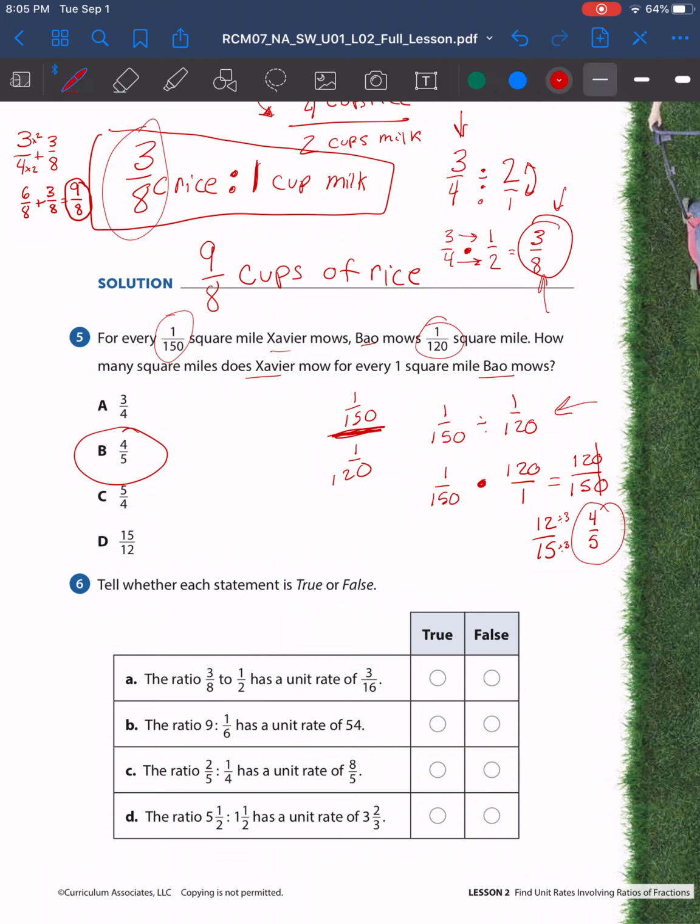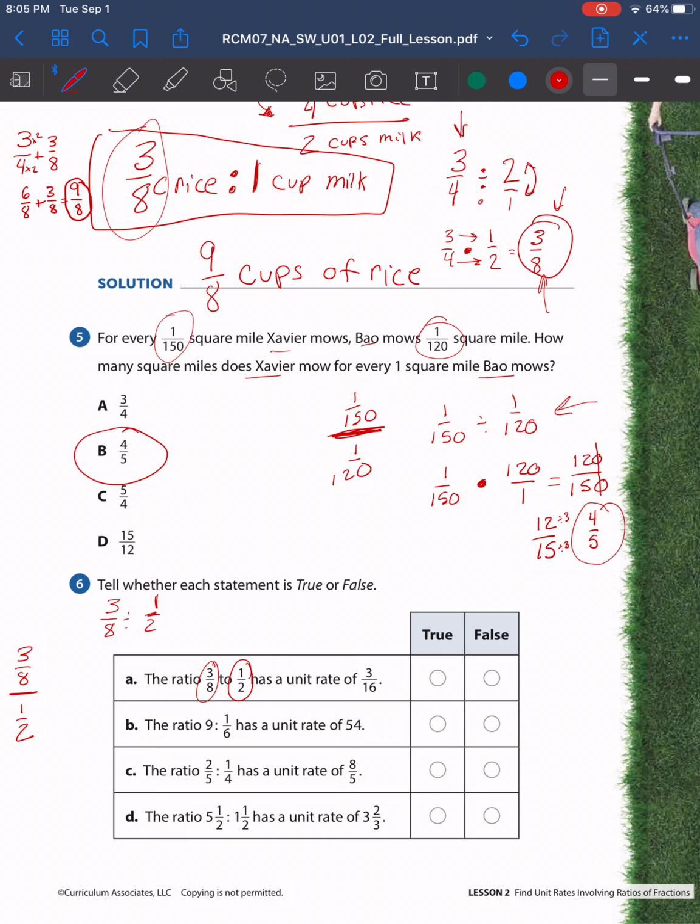Let's go ahead and start with A. We have 3/8 divided by 1/2. All of these, all you do is you take the first one and put it on top, second one, put it on bottom. Now, how do I divide fractions? I write them horizontally, and then I do my skip, flip, and multiply.